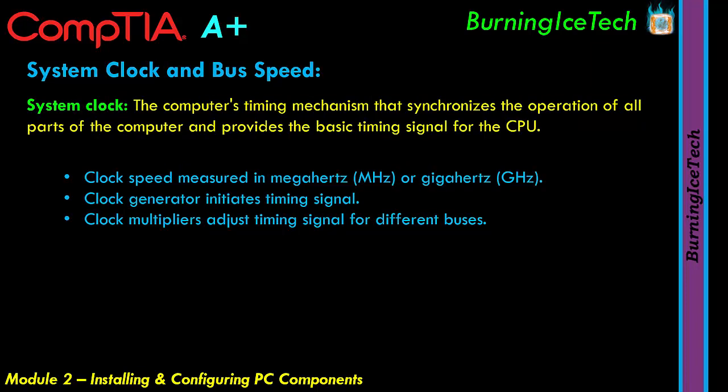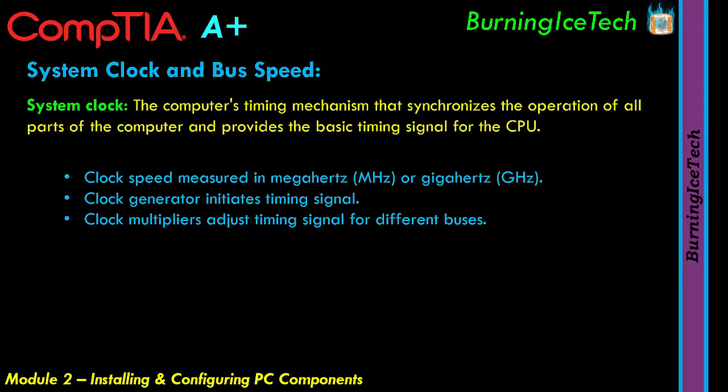Alright folks, something I just want to mention at this point, and we are going to cover it in more depth later on during this course in one of the other modules, is system clock and bus speed. This is something I would like you guys to familiarize yourself with if you intend on building PCs one day, or just troubleshooting PCs. You need to know what the clock speed is and what your motherboard supports.